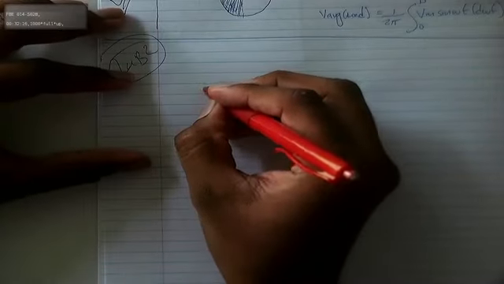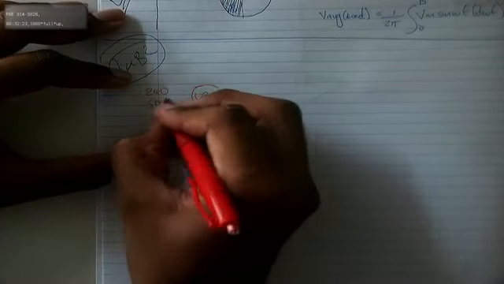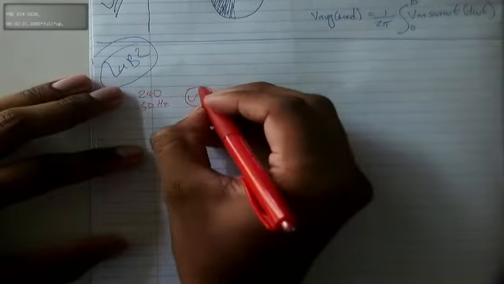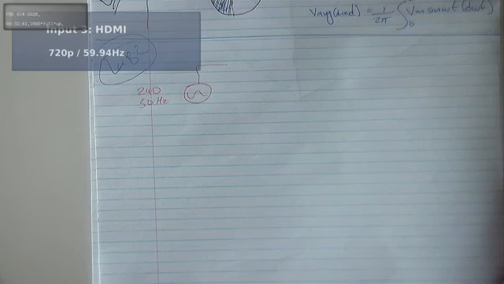So the first thing that we require is an AC source. We have 240 volts, 50 hertz. Then normally, as I have told you before, there is something not shown in the diagram we have just seen: protection.